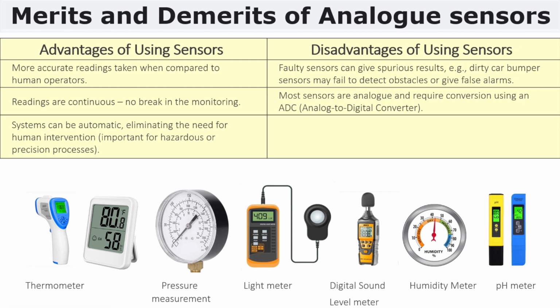Some disadvantages of the use of sensors are that when a sensor is faulty, it gives you very big or large results, and most sensors are analog and require conversion from analog to digital form. Because the computers that we use do not read analog data, there's a need to convert any reading that you take from an analog sensor into a digital form using the ADC.